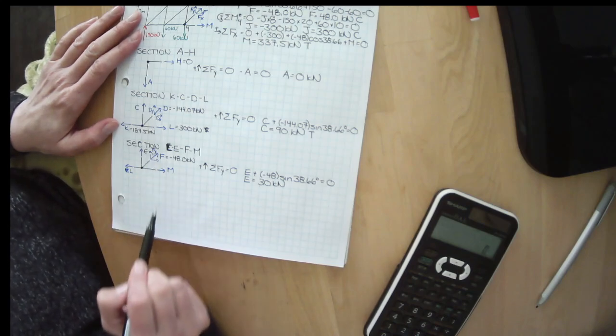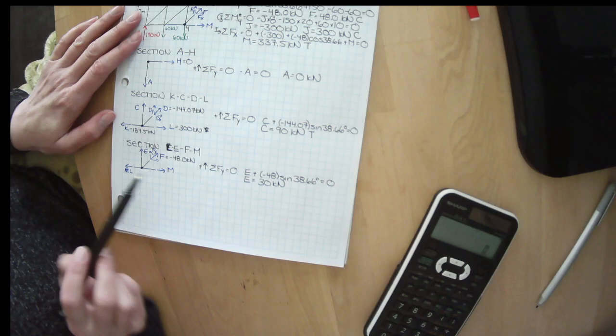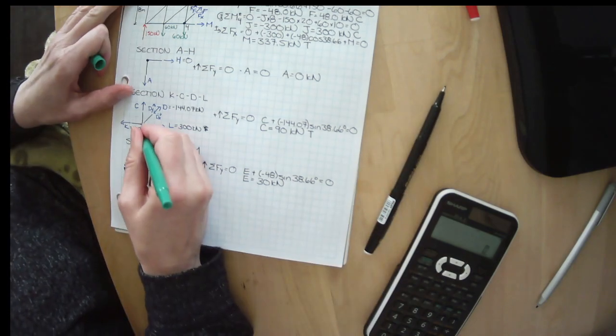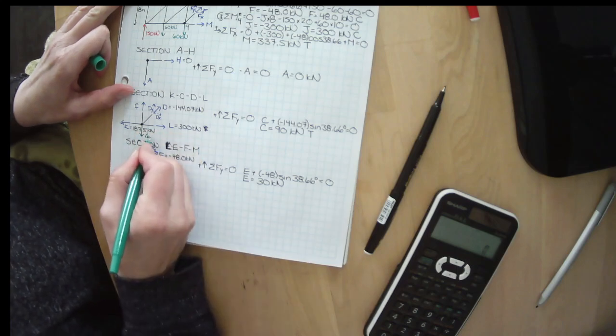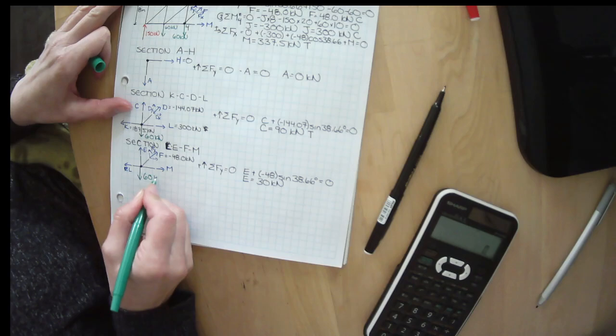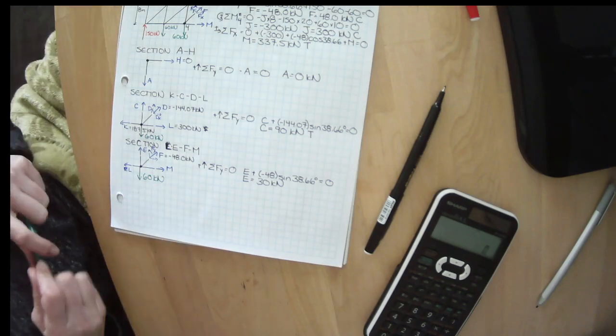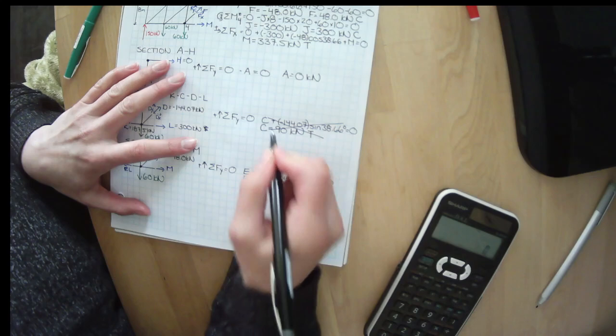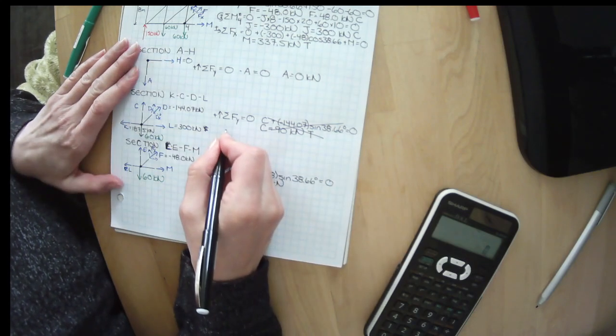We're summing everything in the Y direction. What did I forget from these sections? 60 kilonewtons and 60 kilonewtons. So this, that's not right.